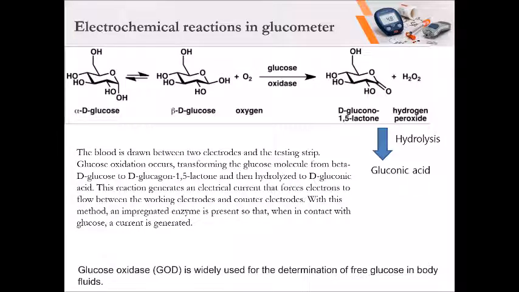This reaction generates an electrical current that forces electrons to flow between the working electrode and counter electrode. With this method, an impregnated enzyme is present so that when in contact with the glucose, a current is generated.